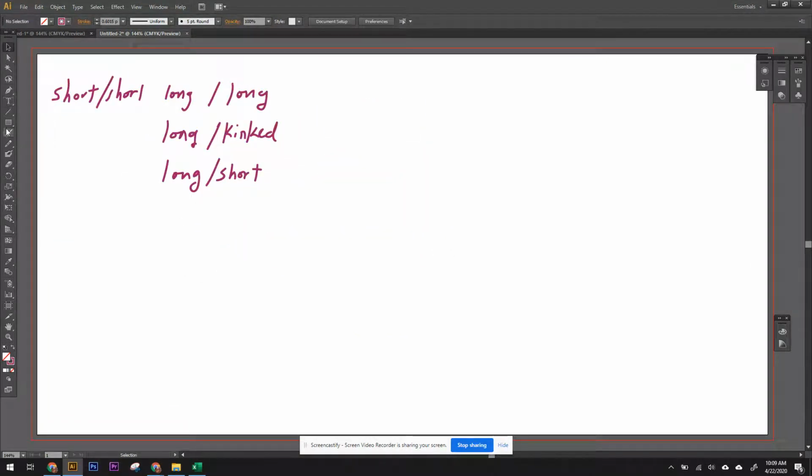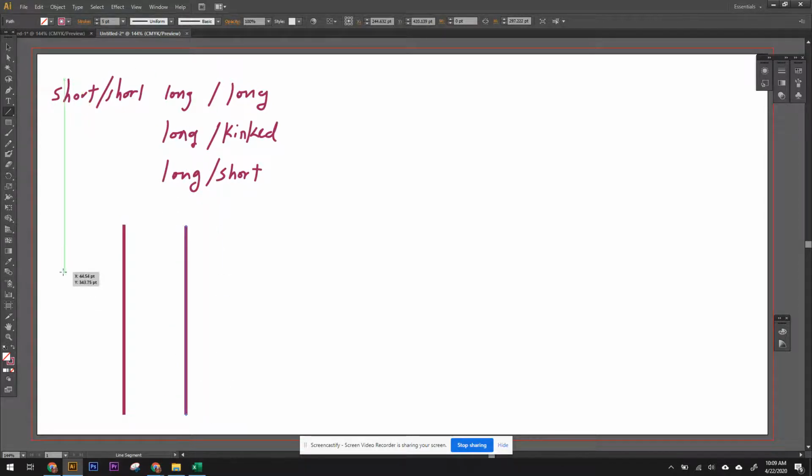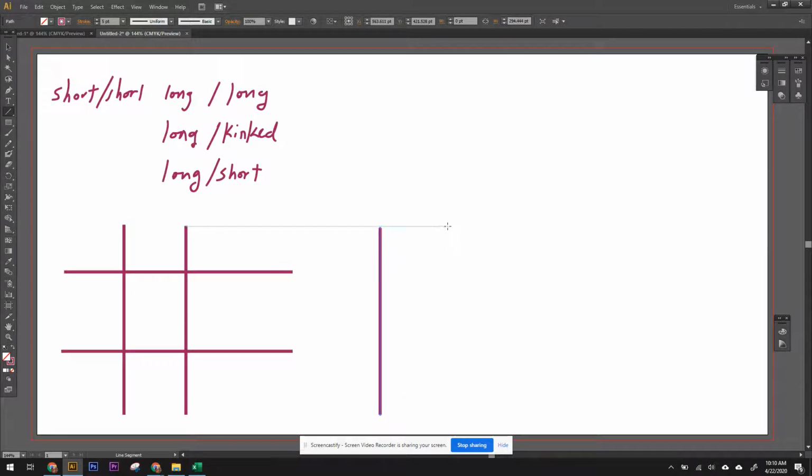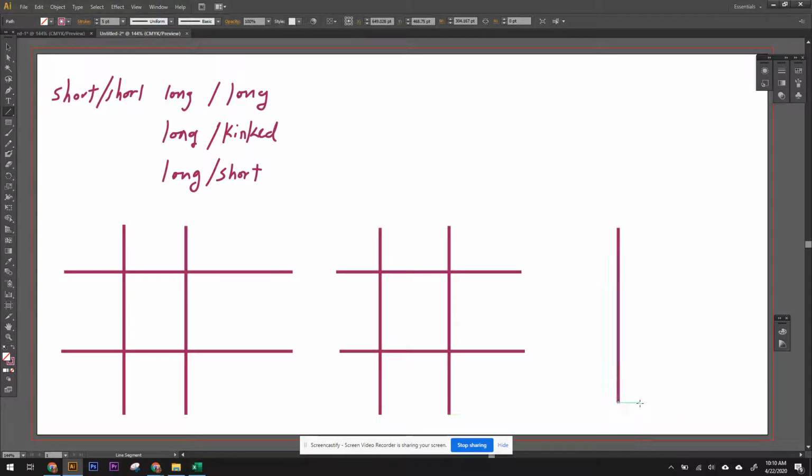And then I'm going to create 3 Punnett squares to represent our 3 possible outcomes. Oh, you know what?